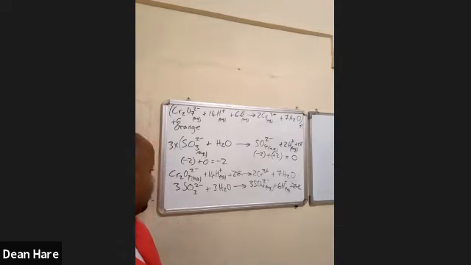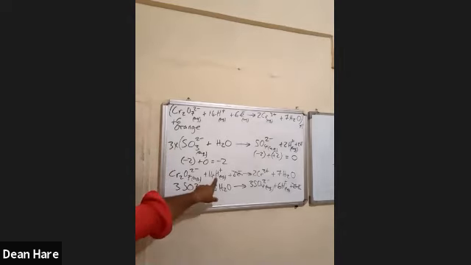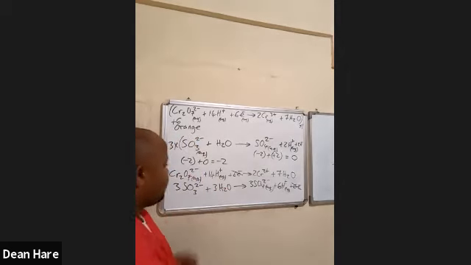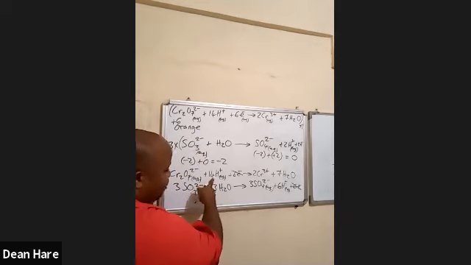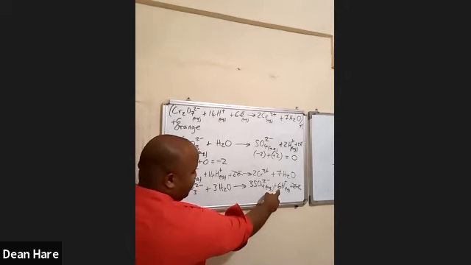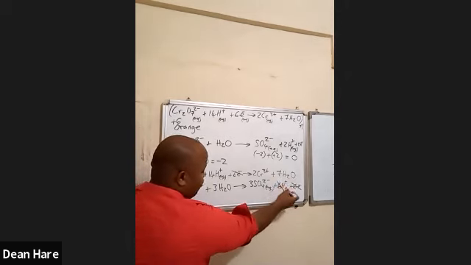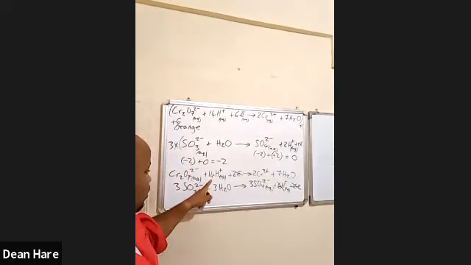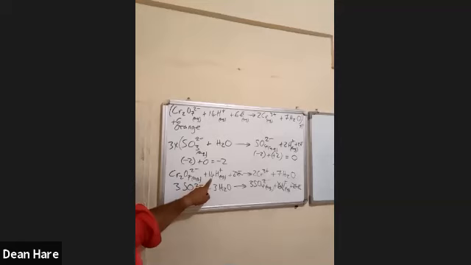So if you look at this equation, we have 14 hydrogens on this side, and on this side we have 6. So we have more hydrogen here than on this side, right? So we are going to remove the 6 hydrogen from here and also take out 6 from this one.